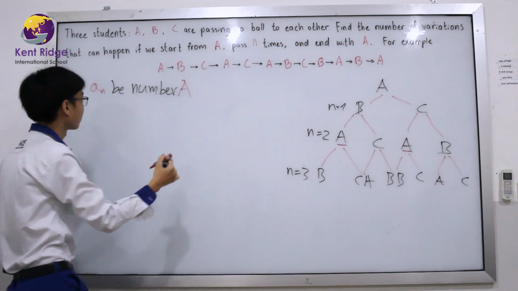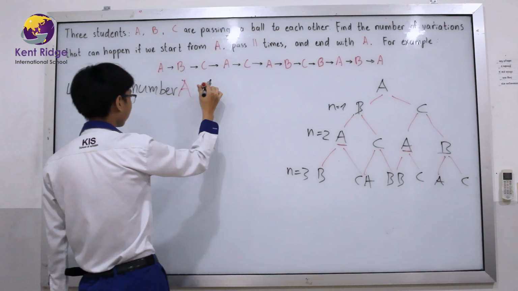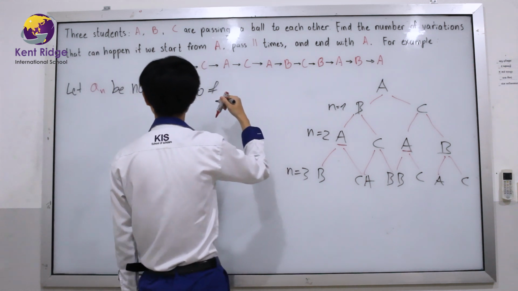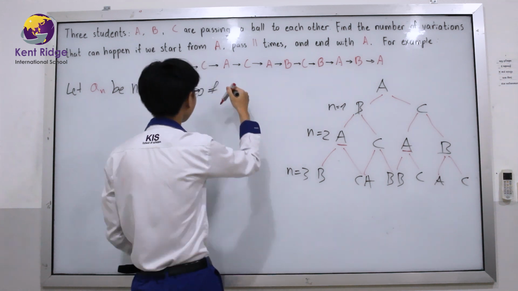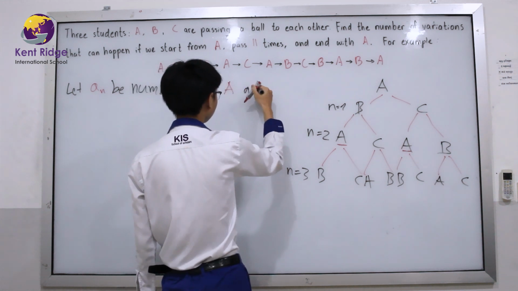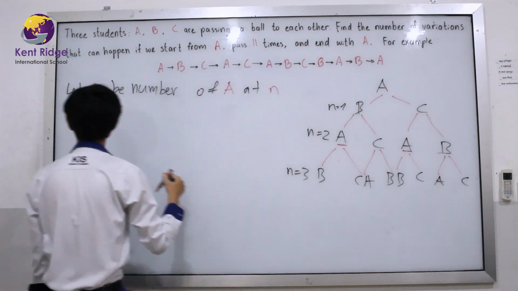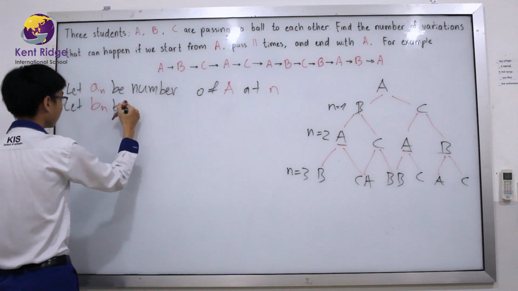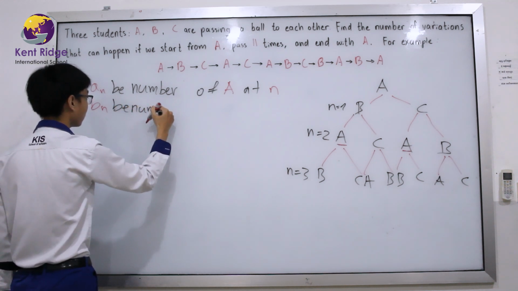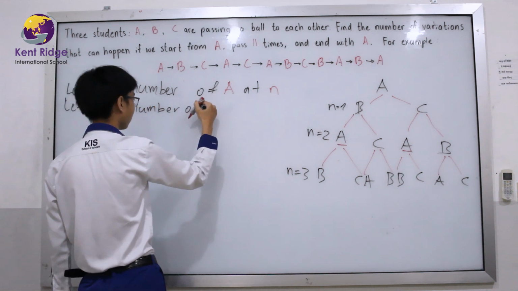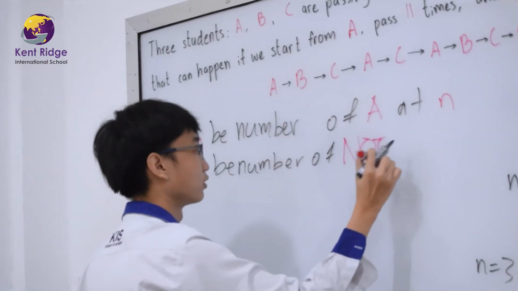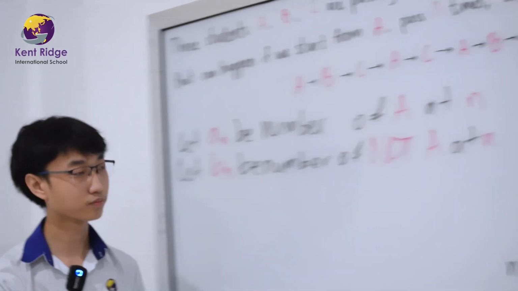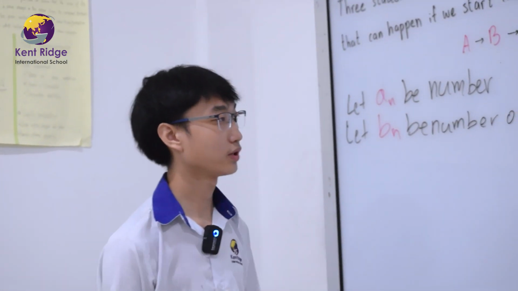Let A n be the number of A at n, and we let B n be the number of not A at n. Okay, so we can plug some numbers in.